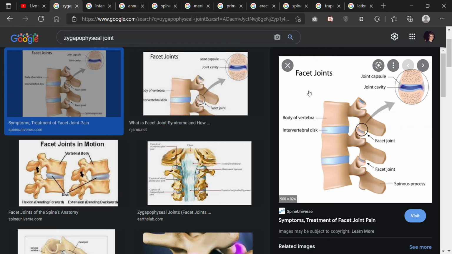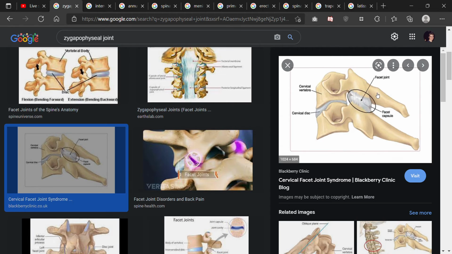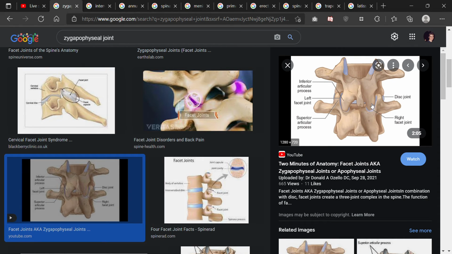It's a joint. Definitely a joint. Seeing here, ligaments connect the joints together, and it creates a capsule. And here's a posterior view of that.